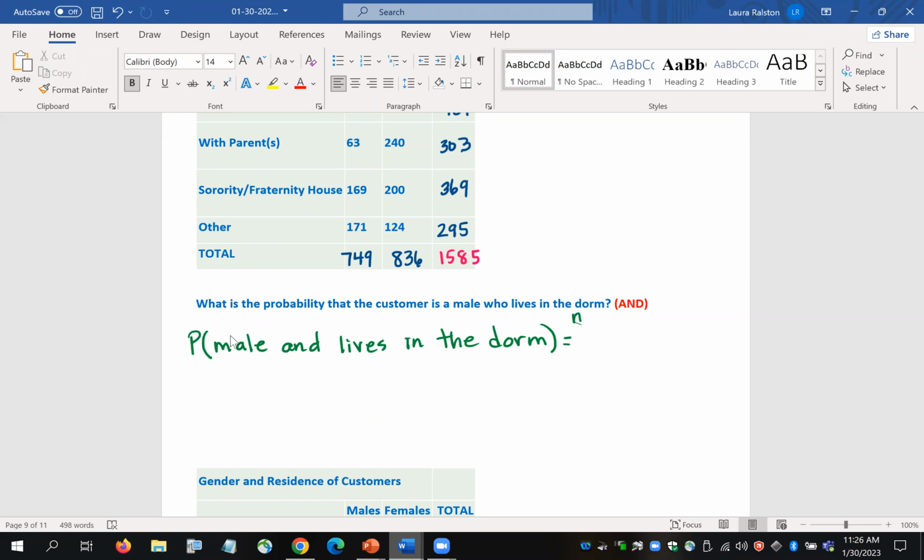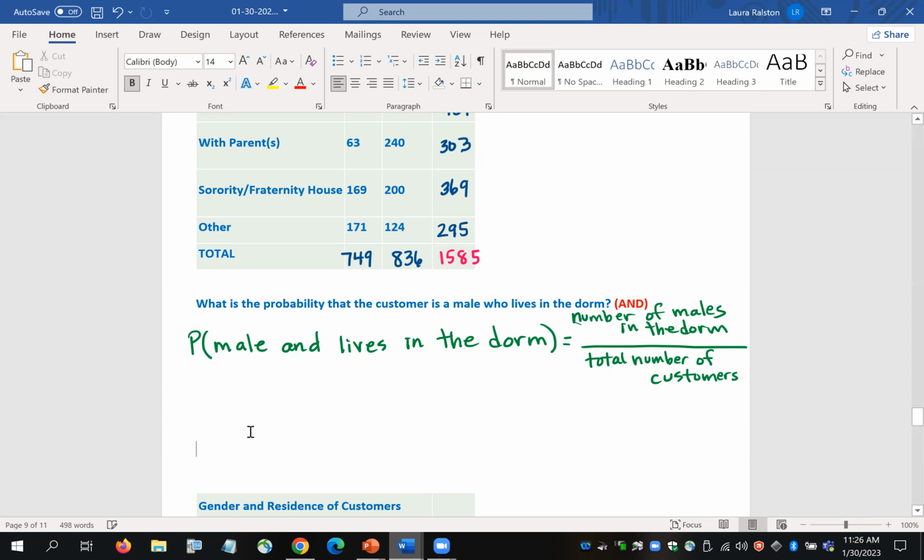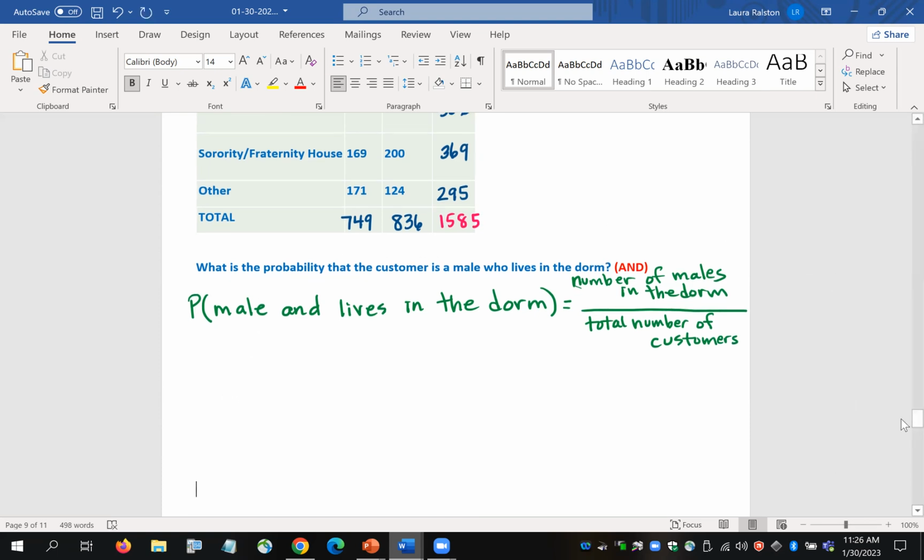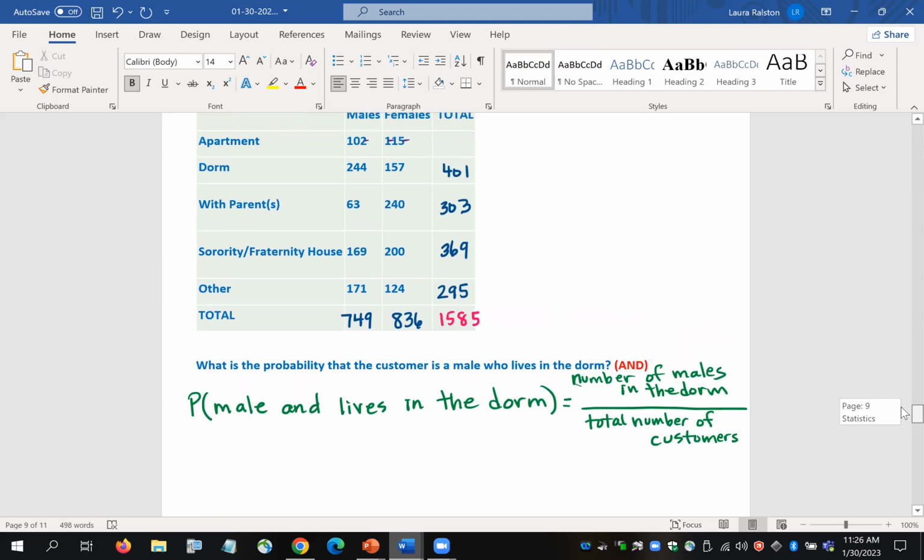So again, you want the number of males in the dorm, and we're still going to compare that to the total number of customers.